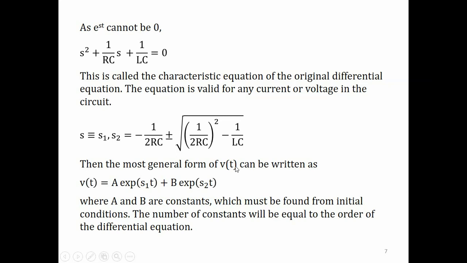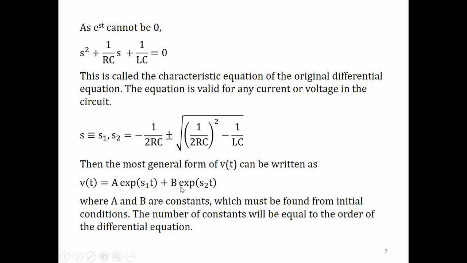The most general answer, and this is a mathematical statement, not proving it again, you'll probably prove it in the maths course this semester, is that V of t can be written as a linear combination of the two possible solutions, e raised to s1t and e raised to s2t. The general solution is the sum of these with some arbitrary constants a and b.